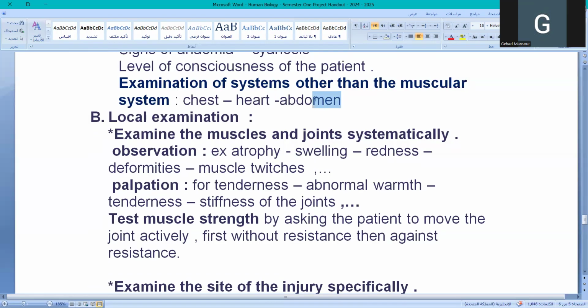because as I said, there might be a correlation between the abnormalities you find in the muscular system and the abnormalities you find in the chest. For example, if you have a patient with paraplegia or a patient with quadriplegia, the four limbs are paralyzed and maybe the muscles of breathing are paralyzed.